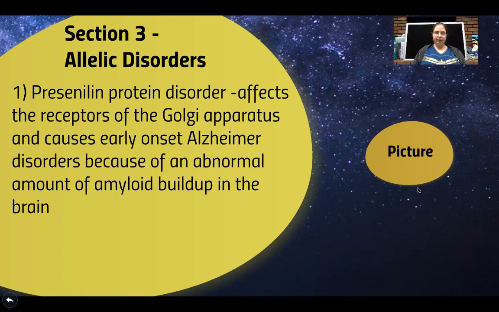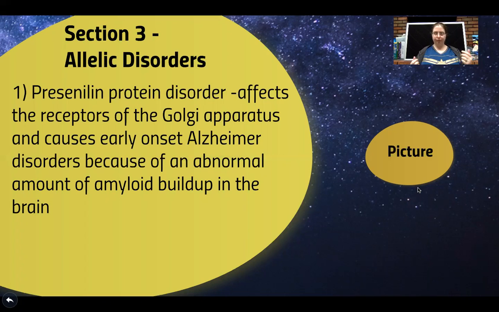So with the presenilin protein disorders, the receptors cannot recognize and process the amyloid. So that means if it can't process it, it can't get it ready to ship outside the cell, which means it stays in the cell. So we end up seeing these large amounts of buildup of amyloid in the cells within the brain. And it's this buildup that leads to the early onset of dementia.